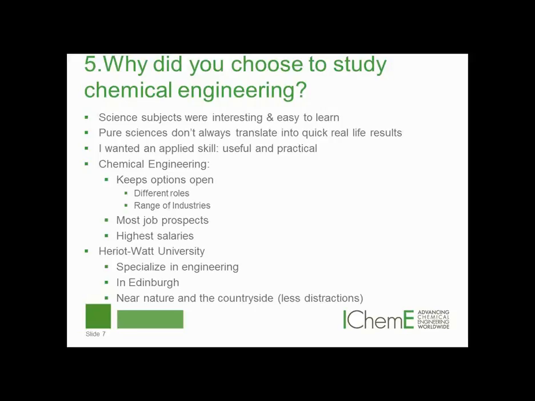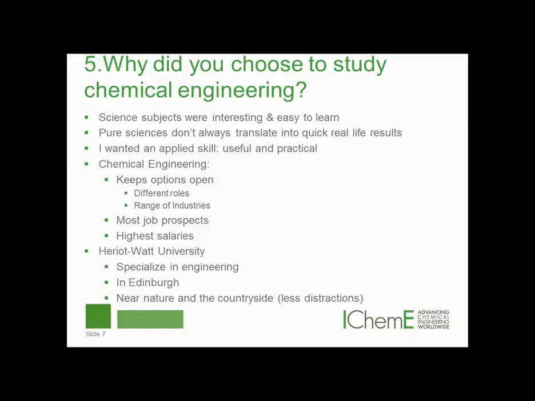And you can go into lots of different roles as well. So you could become technical, you could have skills that would be useful on the shop floor, you could be managerial, and they also look for these sorts of skills in lots of other jobs like consultancy, for example.